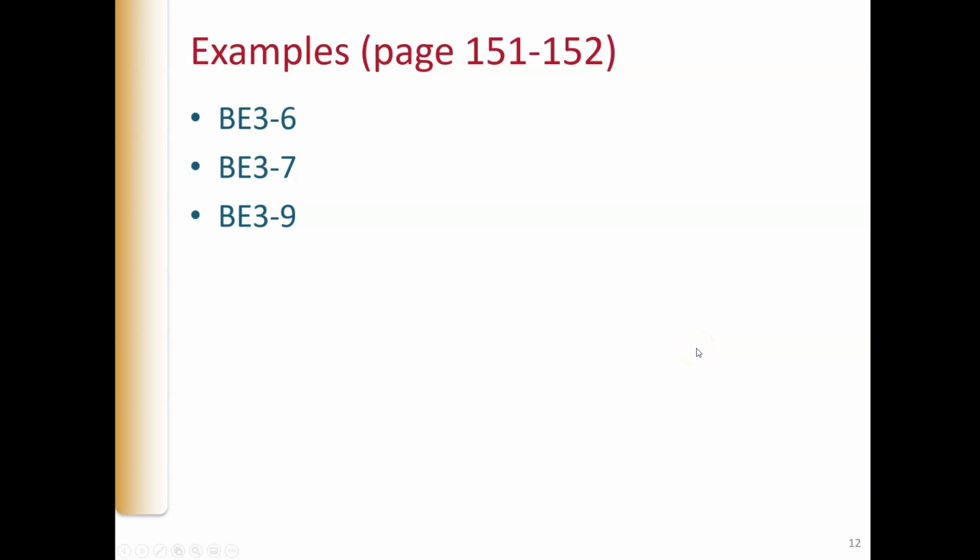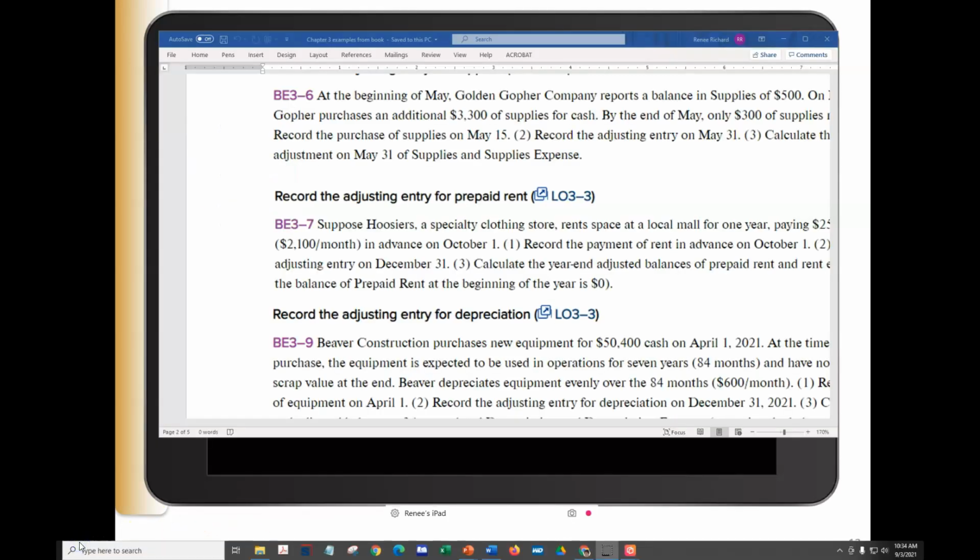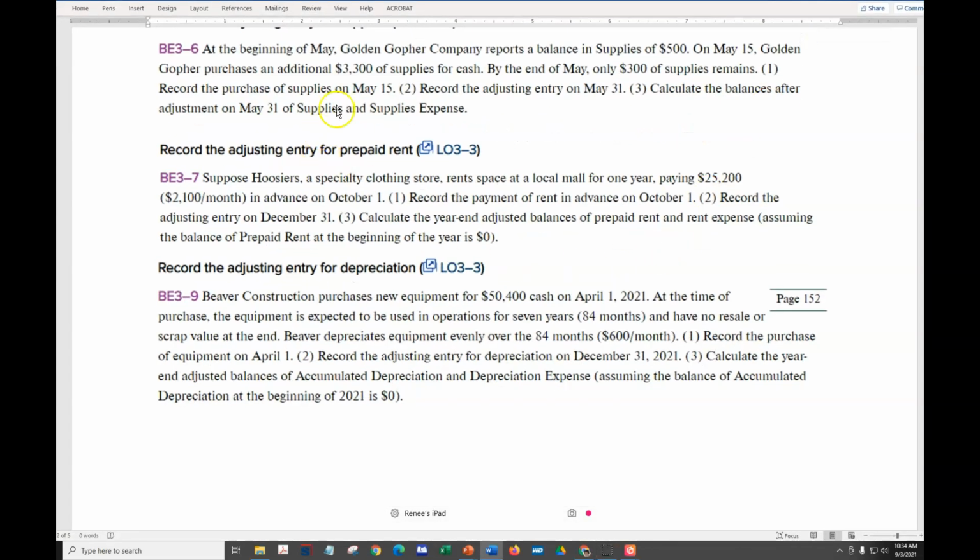Let's do some examples here. We're going to do BE 3-6, 3-7, and 3-9. So we'll start with BE 3-6. At the beginning of May, Golden Gopher Company reports a balance in supplies of $500.